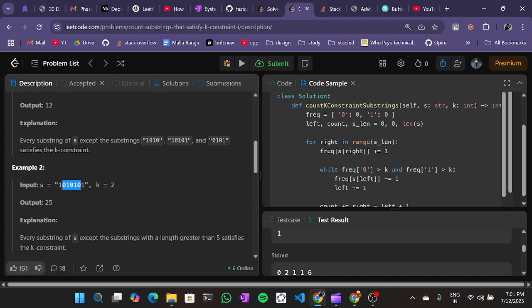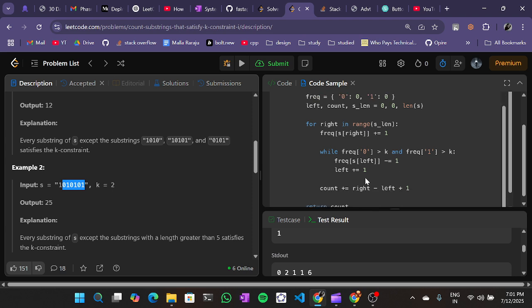The for loop continues again. We'll add one more 1, which will again trigger this while loop, and he can consider this whole highlighted subarray.